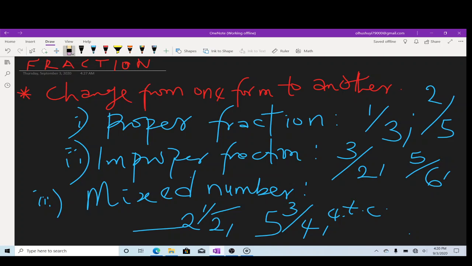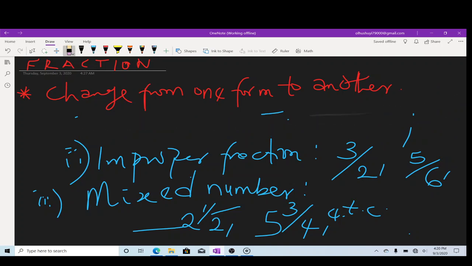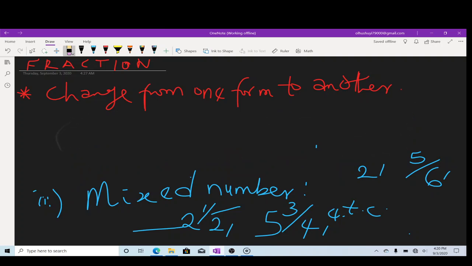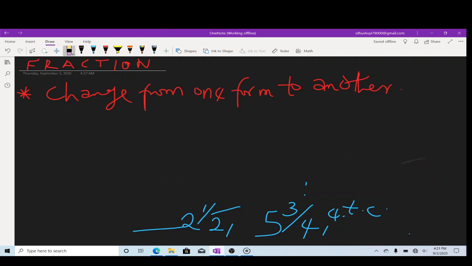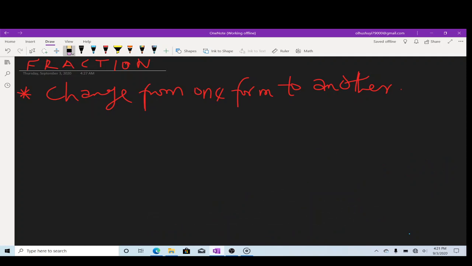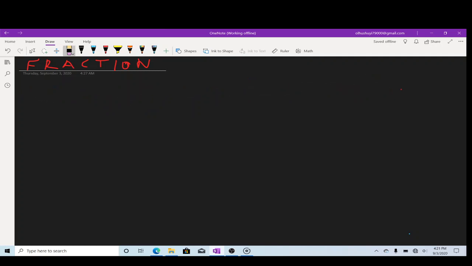Now let's talk about the change from one form to the other. You can change proper fractions to improper fractions, you can change proper fractions to mixed numbers and vice versa.